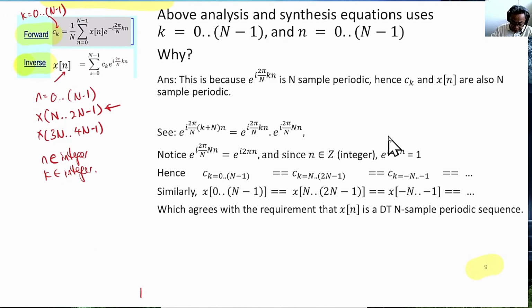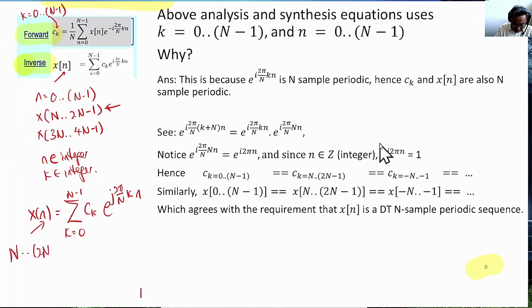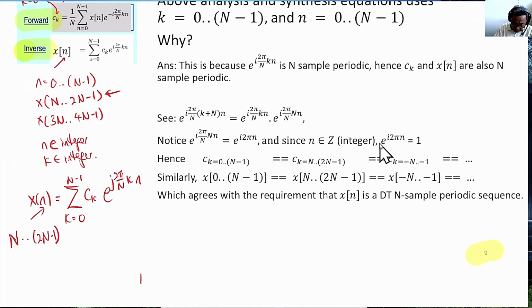Let's begin. Let's write the analysis equation, and this time we are going to examine the next period, which is from big N to 2N minus 1. So this index here will range from capital N to 2N minus 1.